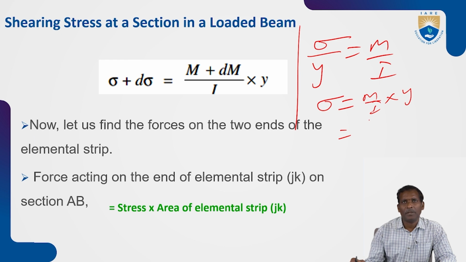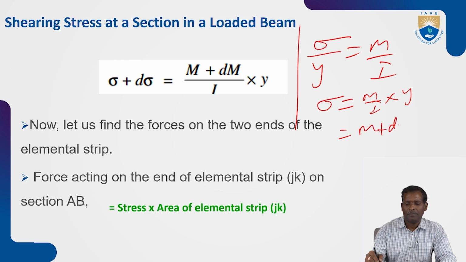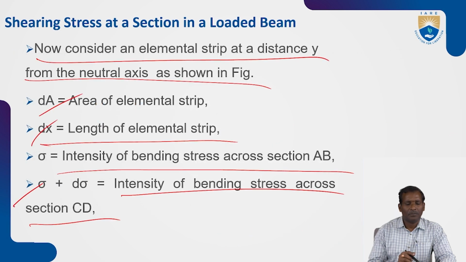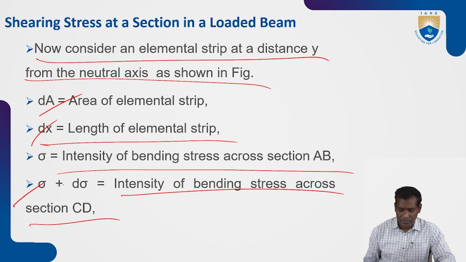But here the bending moment at CD is M plus dM, so the stress is M plus dM by I into y. The intensity of bending stress across section CD is sigma plus d sigma.